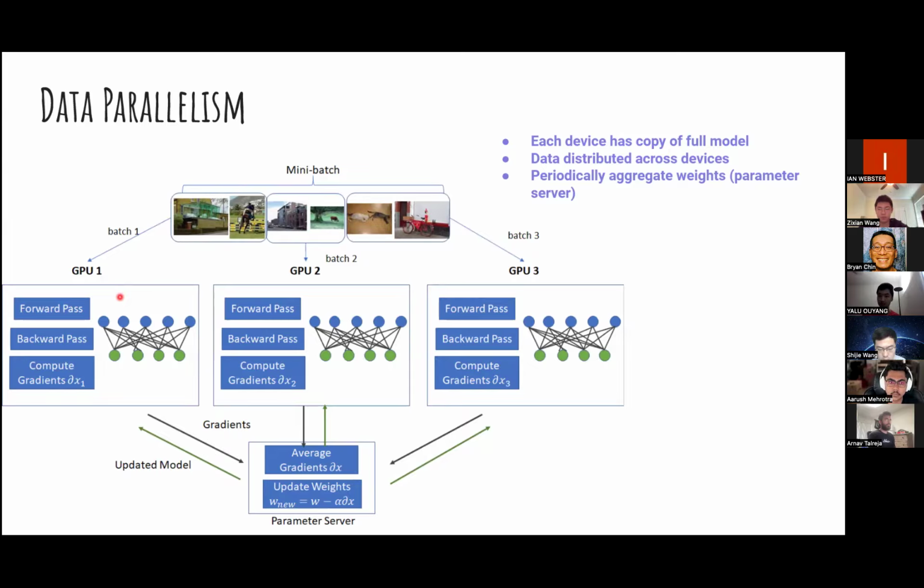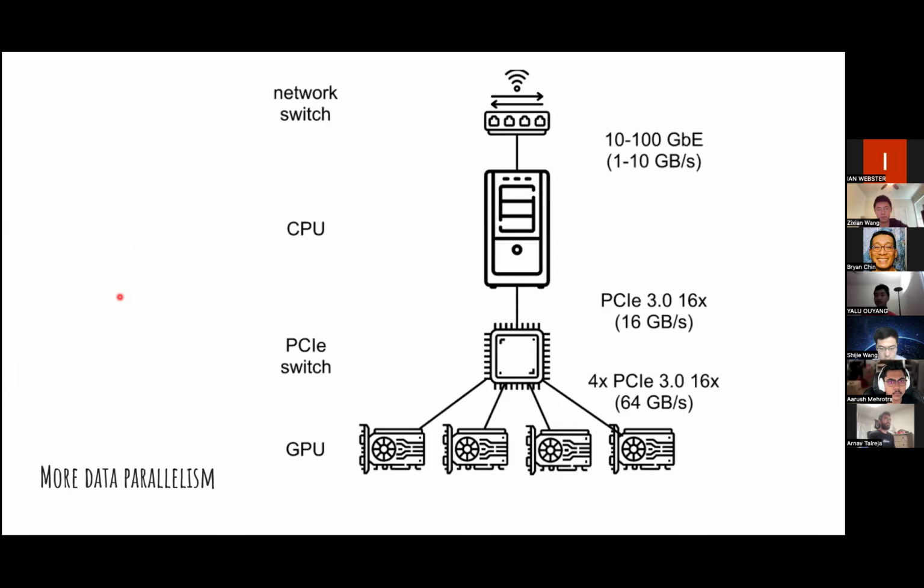Now, regarding how you would aggregate these weights, there are 3 methods you could go about it. What you see right here is a basic model of a 4 GPU setup. There is a PCIe switch in between the CPU and GPU, because most CPUs don't have enough channels to handle the GPUs.